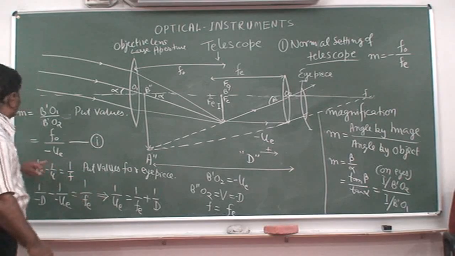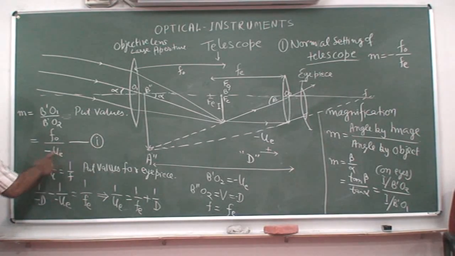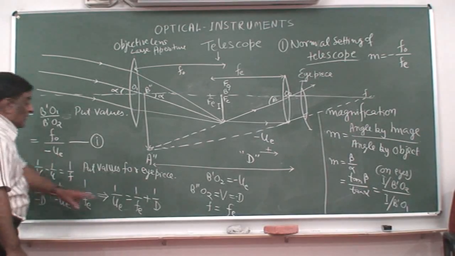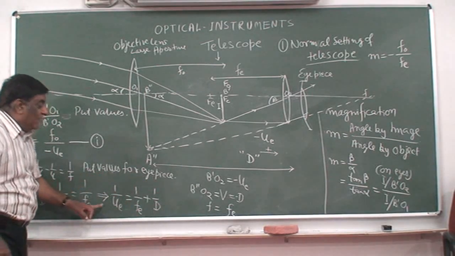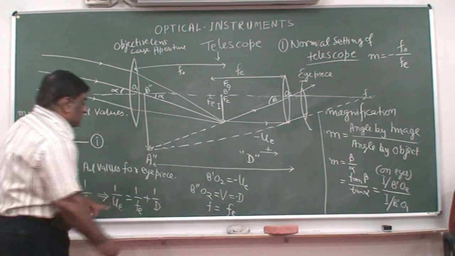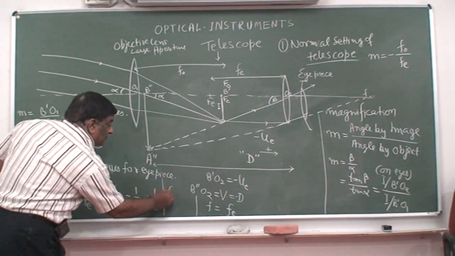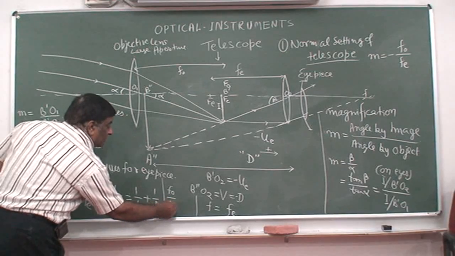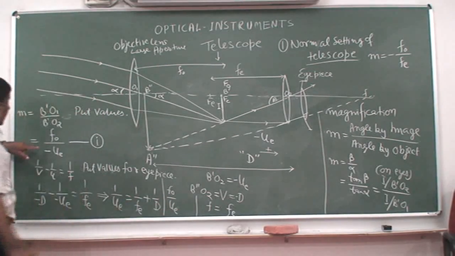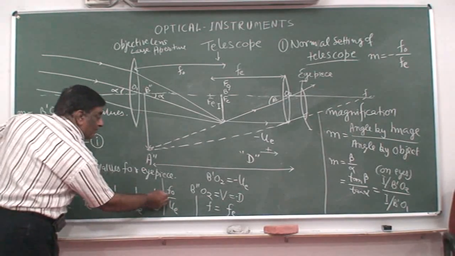Okay, 1 upon UE. Here, see equation 1, this FO upon UE. So let us multiply this with FO, and multiply with minus also.